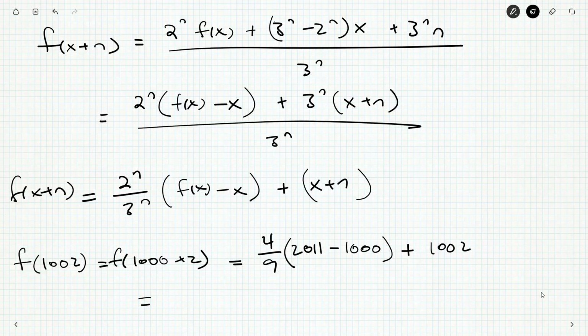So that's a difference. So that should be 4 over 9, 1011 plus 1002. We'll combine that together, and we'll say, okay, it's 4044 plus 9018 all over 9.